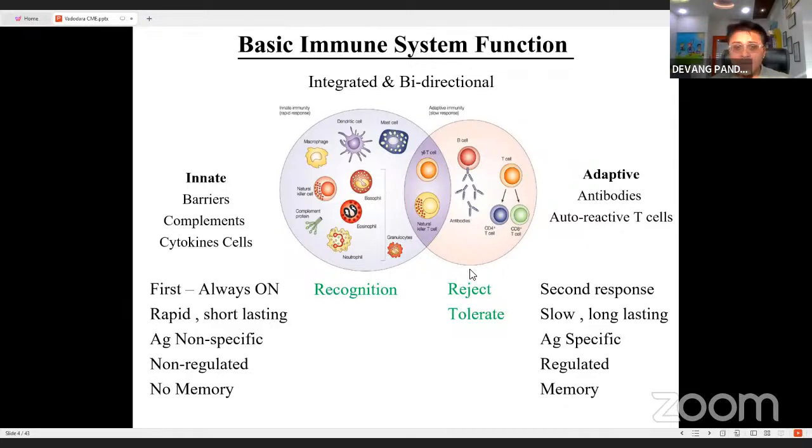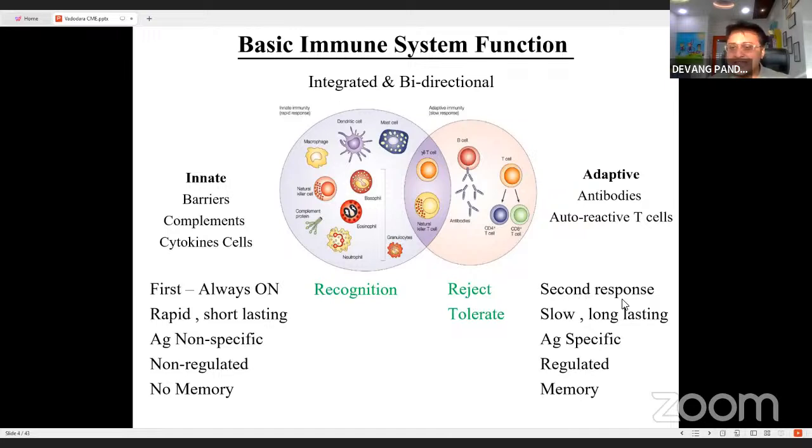Whatever message comes from innate immunity, if it concerns self-antigens, adaptive immunity tolerates them, and because of this, autoimmune diseases are prevented. If the threat is exogenous, like an infection, then adaptive immunity rejects it, and if there is a pathogen, it destroys that pathogen.